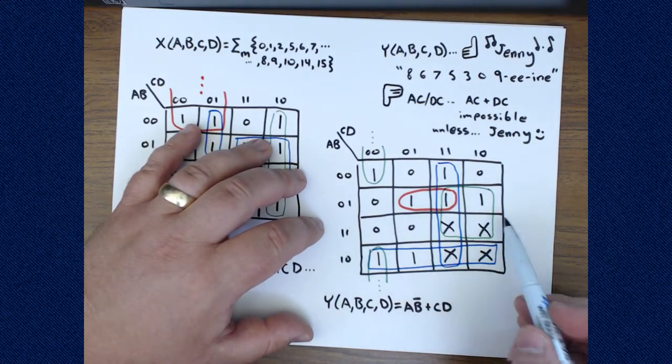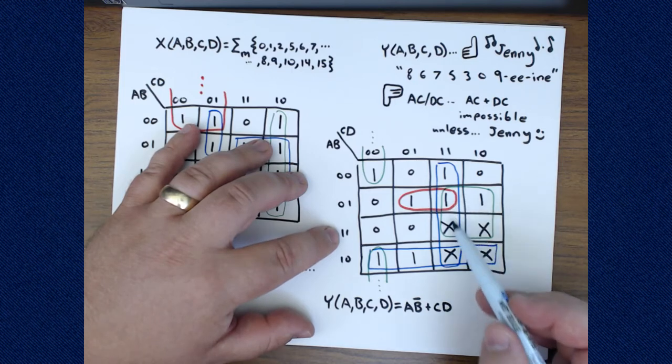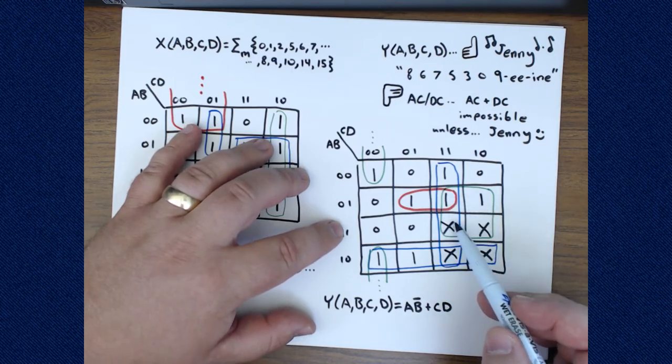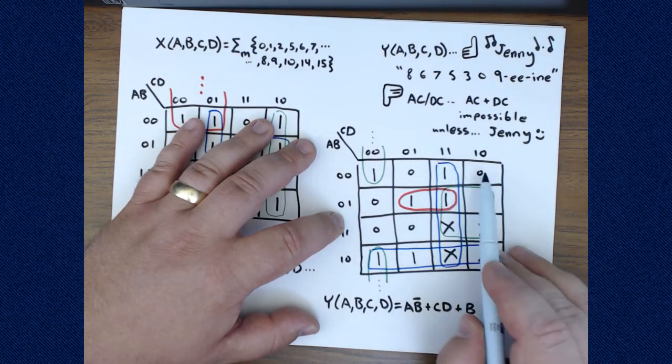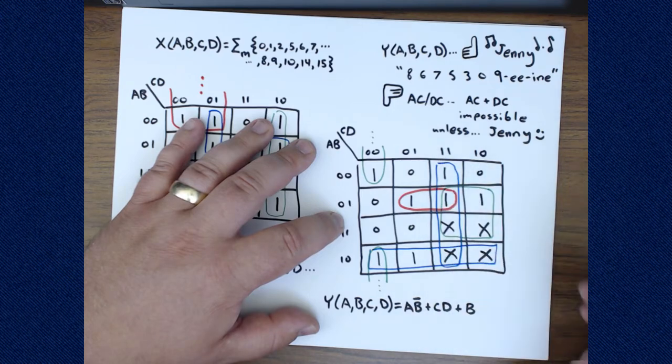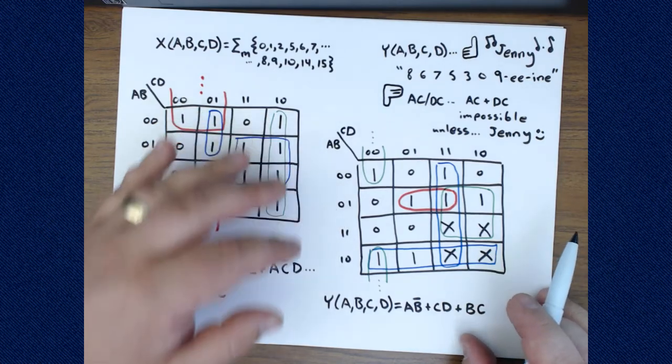Let's see. Green square. For that one, A goes to 0 or 1 between these two rows. So we throw A out. B is 1 all the time, so we want B. And we want it to be a 1. For the columns, in these two columns, C is a 1. And D switches values, so we don't want it. So we get rid of it.